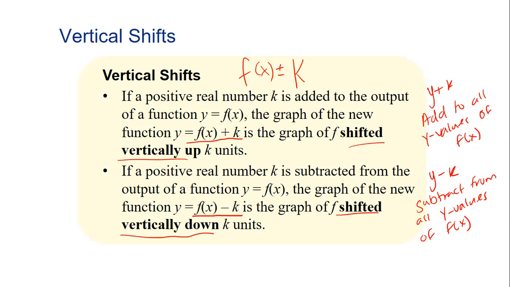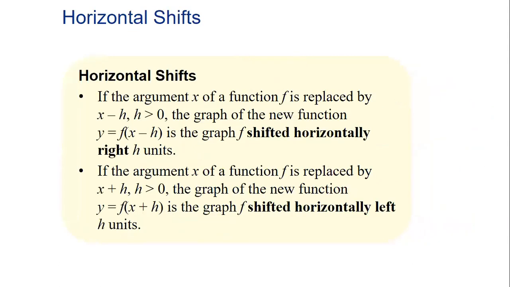All right, horizontal. Now, for horizontal, this is what we have to remember, that x's are liars. X's are liars. Okay, it's going to look like one thing, but it's another. So this is when you have f of x plus or minus an h value.